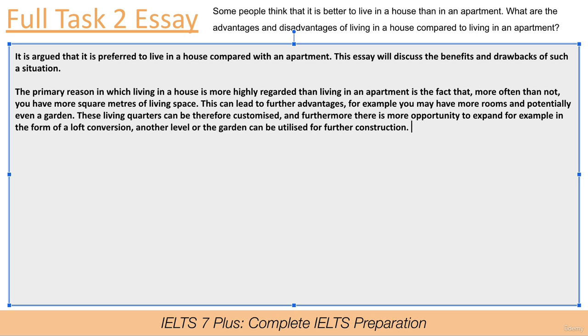So now we can move into the monetary side. Obviously the question says living in a house. It's not specific, but we can twist it so that we're still answering the question.